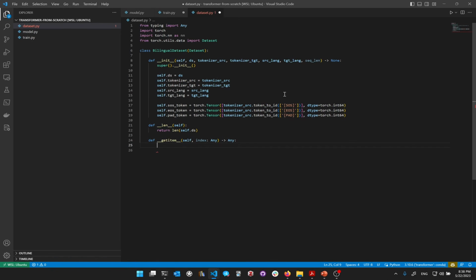Okay, first of all, we will extract the original pair from the Hugging Face dataset. Then we extract the source text and the target text.